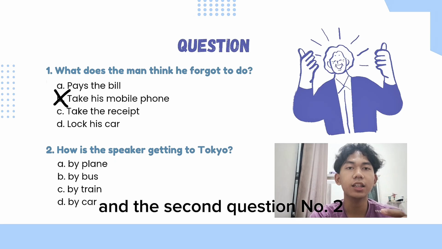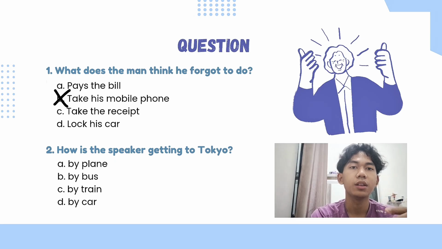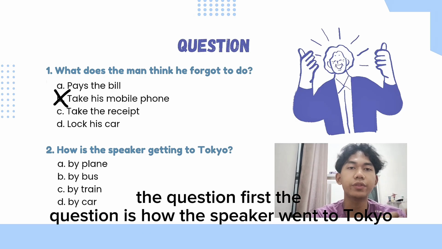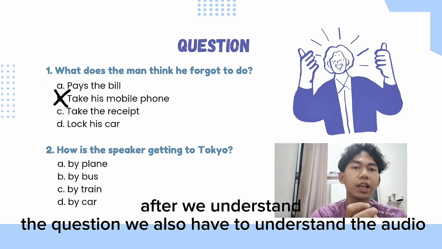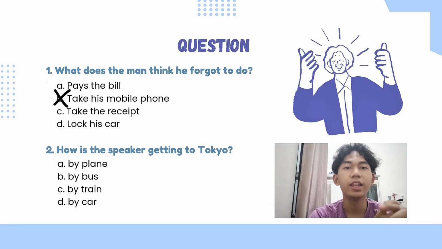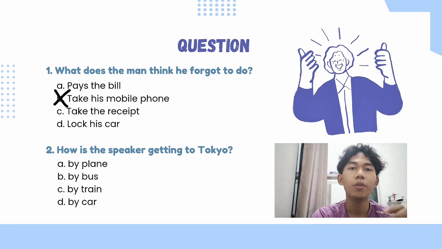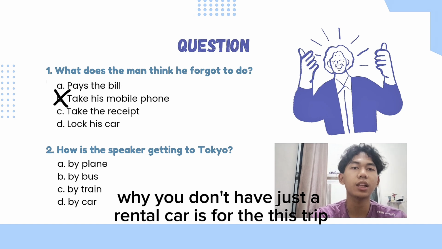And the second, question number 2. We use the same technique to understand the question first. The question is how the speaker went to Tokyo. After we understand the question, we also have to understand the audio. In the first audio clip, someone asks, "Why don't we just rent a car?"